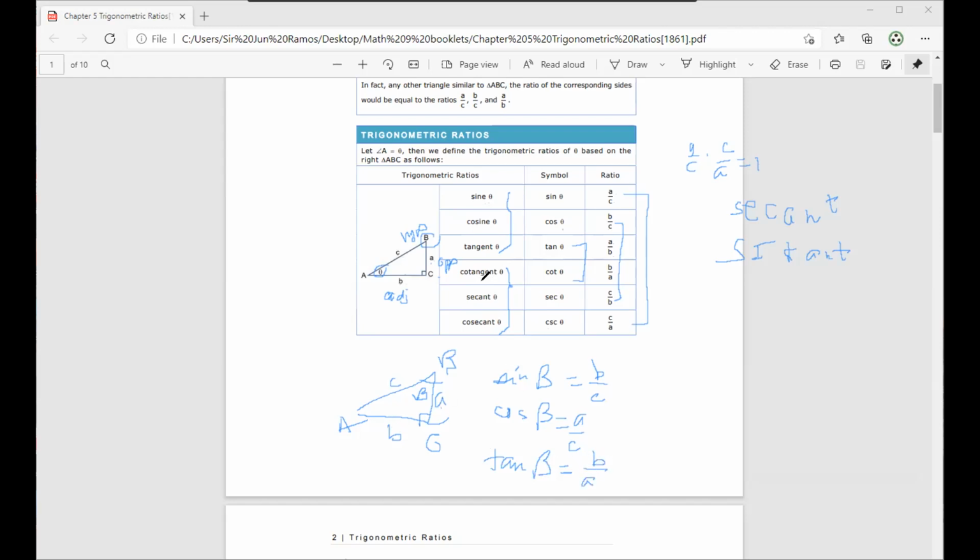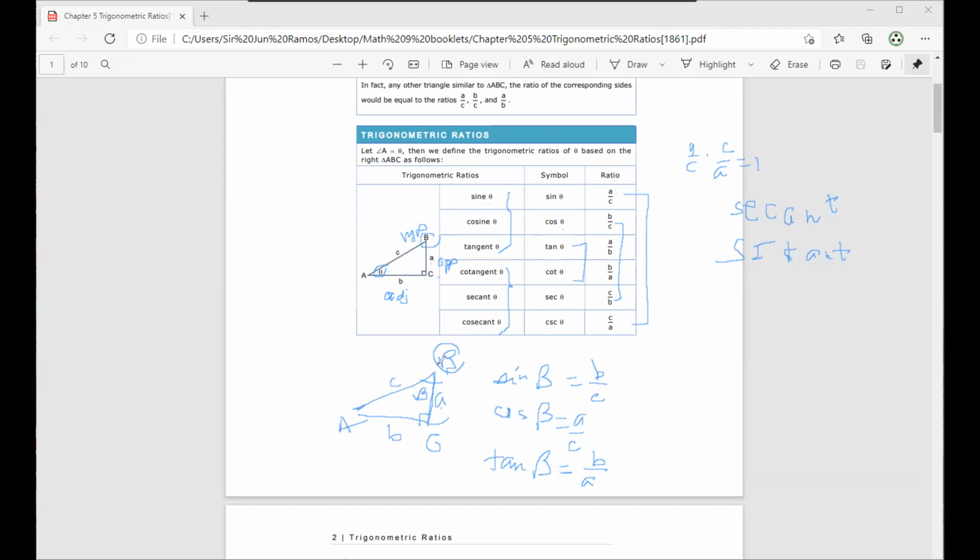And you can define the cotangent, secant, and cosecant. Remember, if you're using angle B here or the beta there as a reference, then A here becomes the adjacent side and B is the opposite side. Of course, this will always be the hypotenuse.